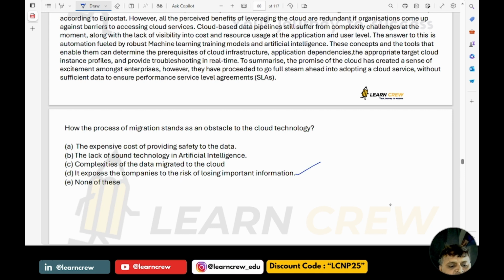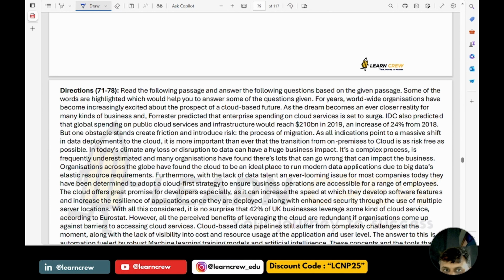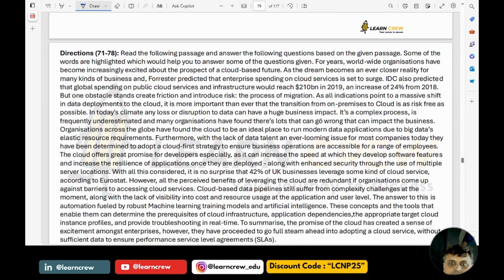So option D is correct, because if you see here what is given in today, you have in the passage very clearly, where is that?